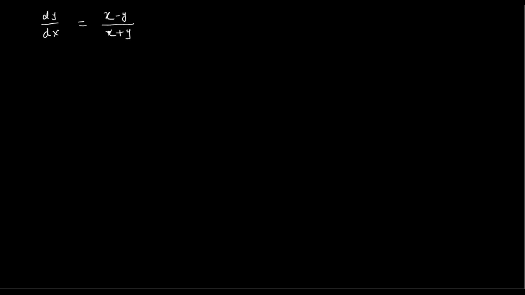So simply divide numerator and denominator by x. We end up getting dy over dx equals 1 minus y over x over 1 plus y over x. Now putting y over x equals to v. So let y over x equals to v, or y equals to v times x.